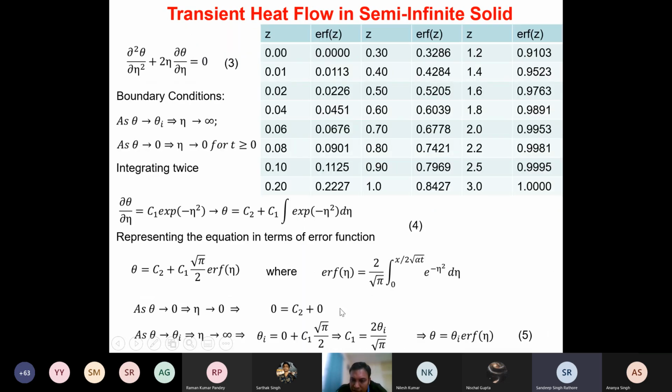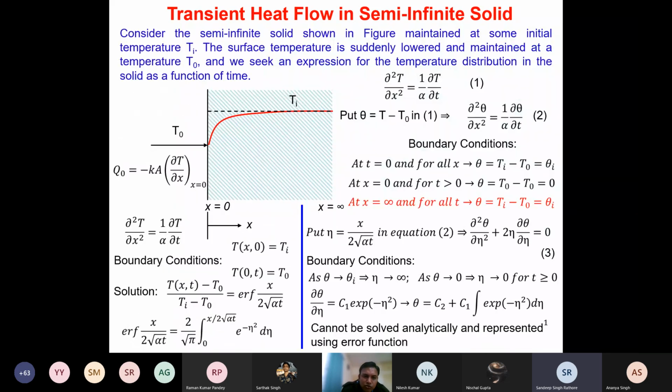And theta is T minus T naught. So theta divided by theta I, that is (T minus T naught) divided by (Ti minus T naught), equals the error function of eta. That is what we have written here. Theta divided by theta I is given as the error function of eta. Is it clear to everyone? Yes, sir.